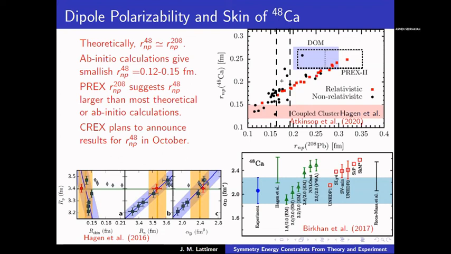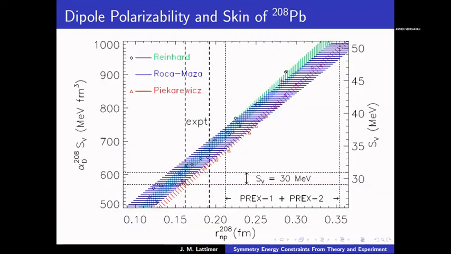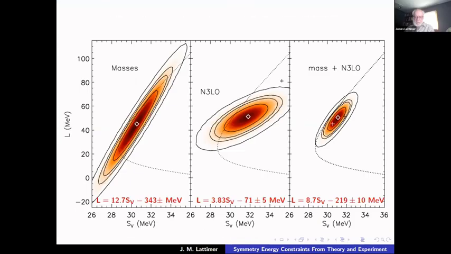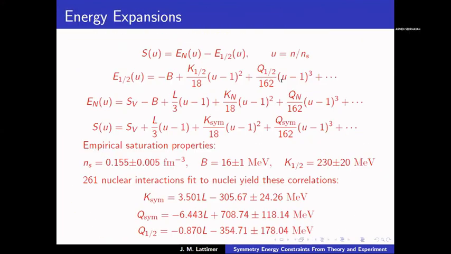Hi, Jim. Are there any constraints on higher order characteristics of this expansion? You mentioned skewness. The best correlations that I'm aware of are ones that I summarized in the unitary gas conjecture paper with Ingo Tews as the lead author, in which we looked at several hundred non-relativistic and relativistic interactions, and basically threw away those interactions that did not satisfy what are believed to be good binding energies and saturation properties.